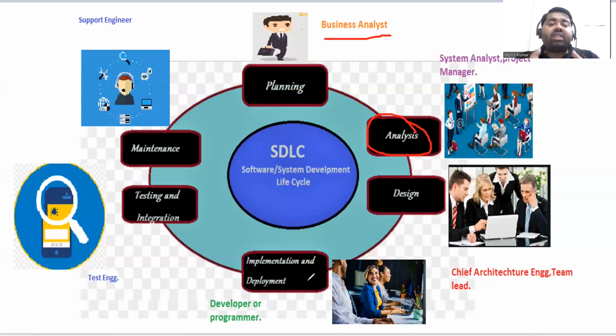Once development is completed, we follow the agile process. We do not follow the waterfall model; nowadays most projects follow agile, which is a different concept we will discuss later. Now we have testing and integration. Requirements are already gathered, and we do sprint planning.